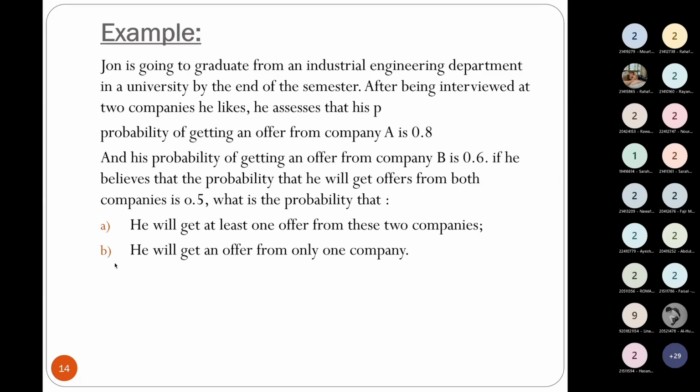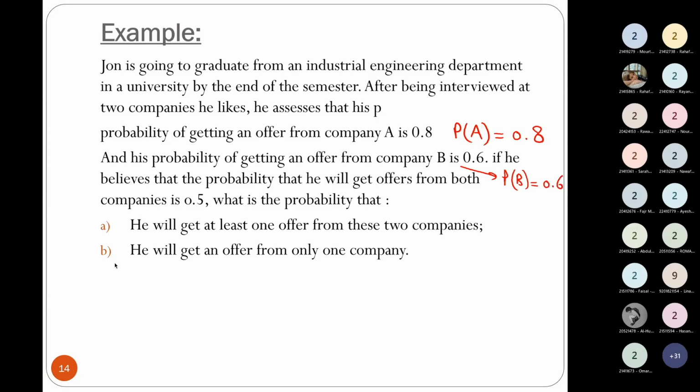Okay, another example. John is going to graduate from the industrial engineering department at a university by the end of the semester. After interviews at two companies A and B, he estimates that the probability of getting an offer from company A is 0.8, and the probability of getting an offer from company B is 0.6.